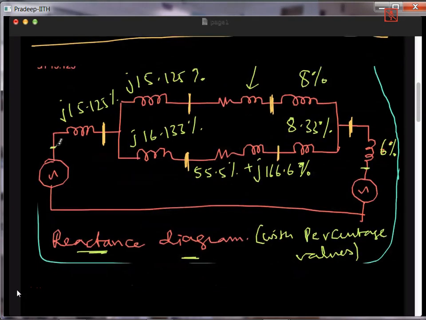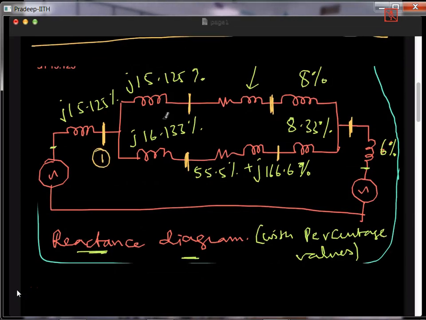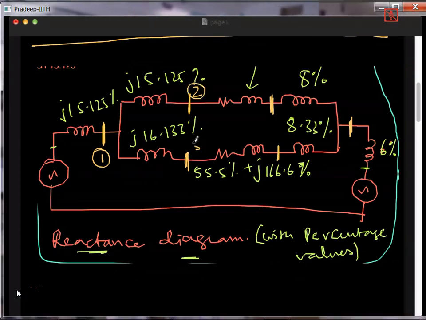These are the bus bars we are considering. Let me give some numbering. Let's call this bus number 1, this bus number 2, this 3, 4, 5, and 6. So we have a 6 bus network.